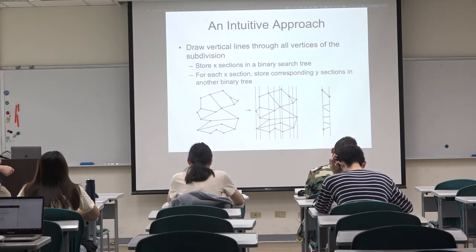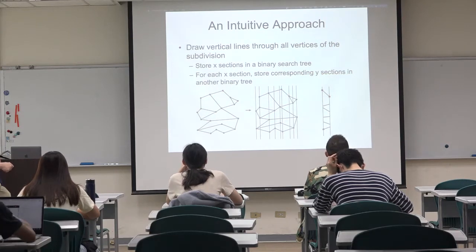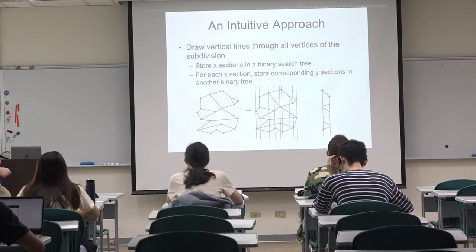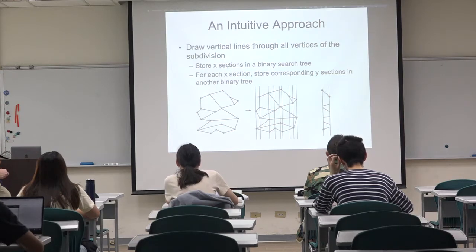So it will be something like this on the left hand side, right? When you are given a point, we want to find which face we are located in very efficiently.